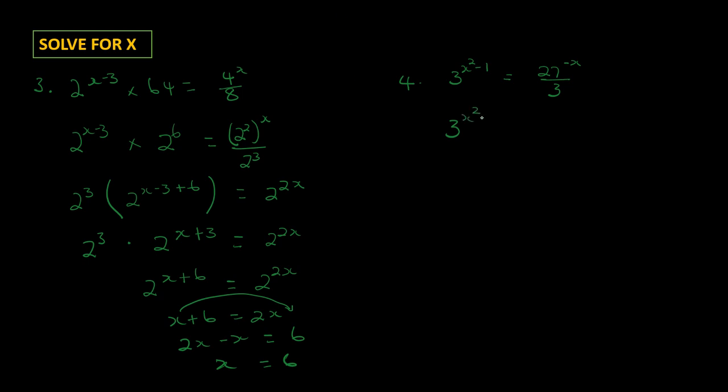This is 3^(x squared minus 1), and it's equal to, because 27 is 3 to the exponent 3, okay, to be sure of that, just do 3 multiplied by 3, that is a 9. We multiply 9 by 3 and you get 27. All that is taken to the exponent of negative x. Okay, and we have here underneath 3.